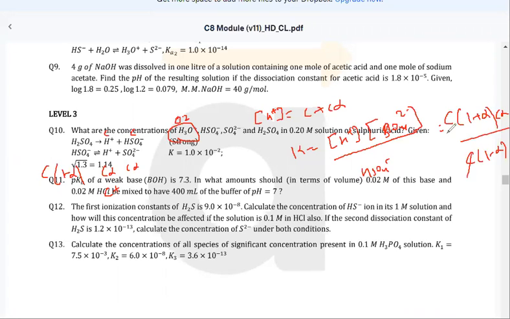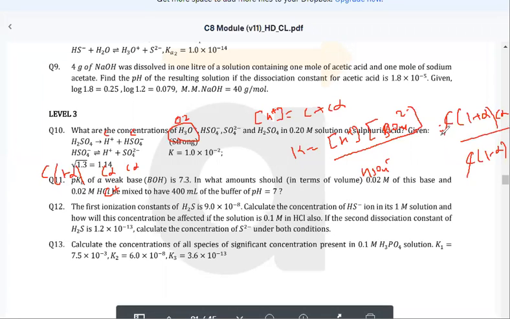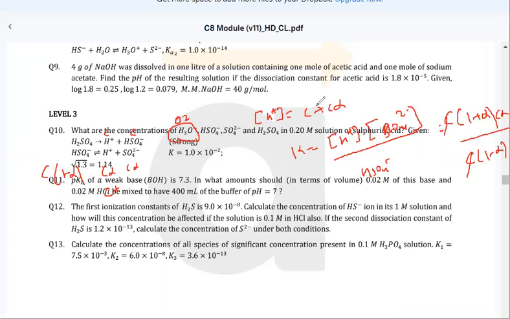C will cancel, right? Now, K value is not very small, right? So we'll have a quadratic equation. Solve the quadratic equation, you will get the value of x, then you will get the value of everything. Yes or no?